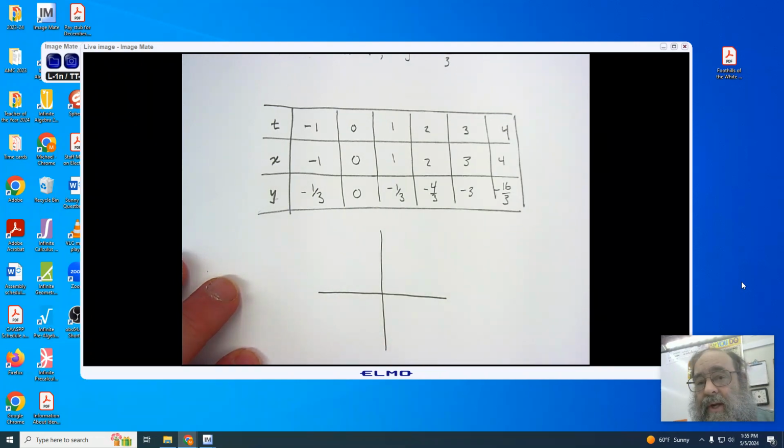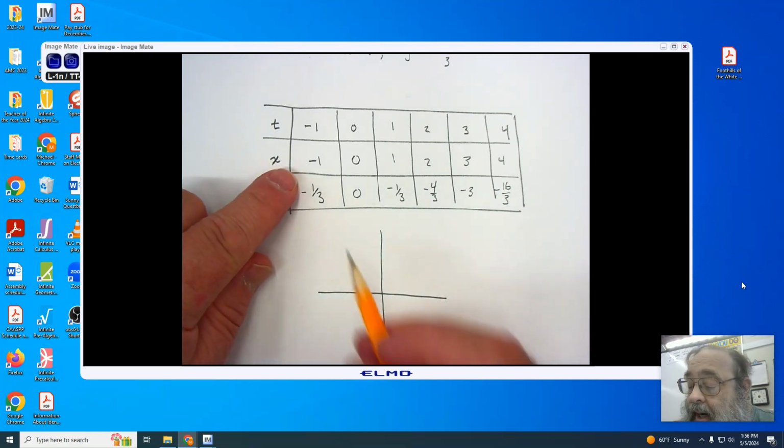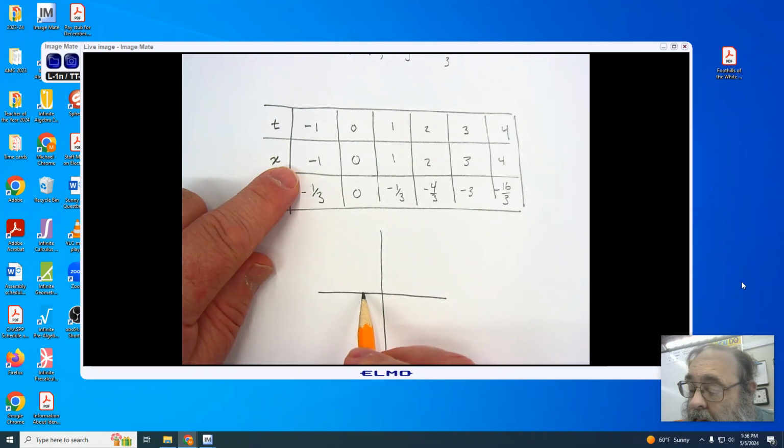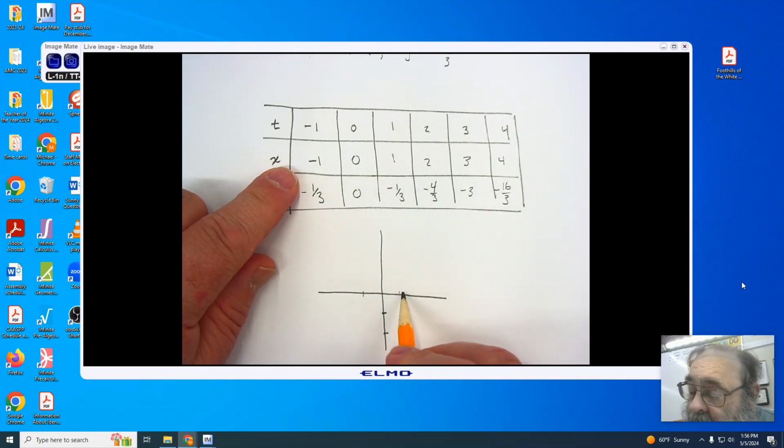What's interesting about parametrics is that parametrics can go up, down, left, or right, and we have to keep track of the direction that we're moving. So we're starting at negative 1, negative 1/3. Now keep in mind, I'm not going to put all of these on my graph, because I'm not going to have enough room for you to see everything.